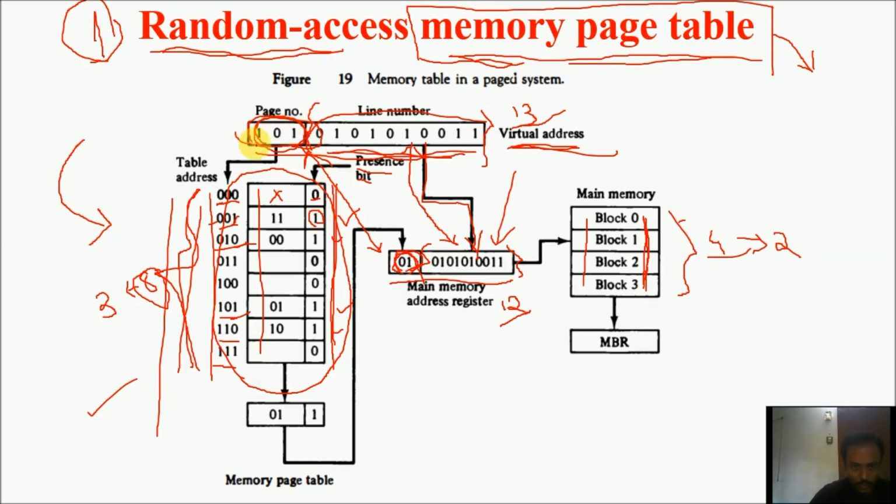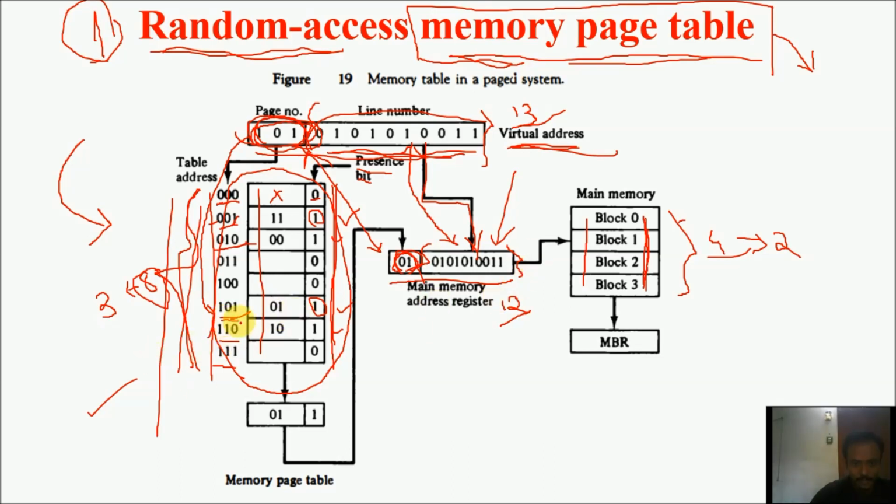So at first we'll check this page number, whether that is present in the main memory or not. Here the page number is 6, so you will go to the 6th page number, then you will check this presence bit. Yes, this presence bit is 1, so obviously we can say the 6th page is present in the main memory.